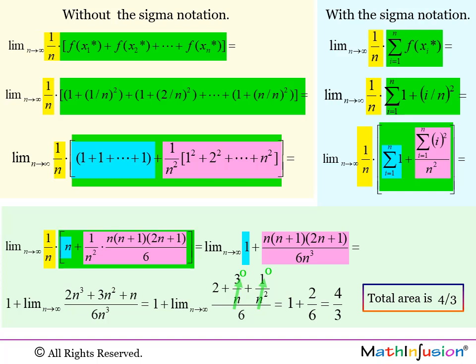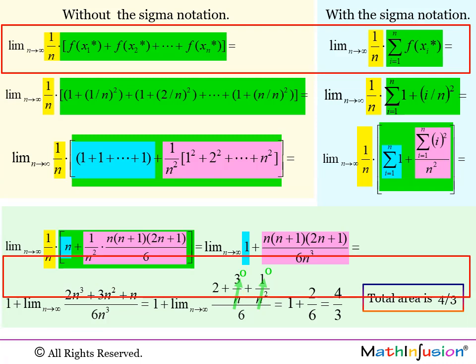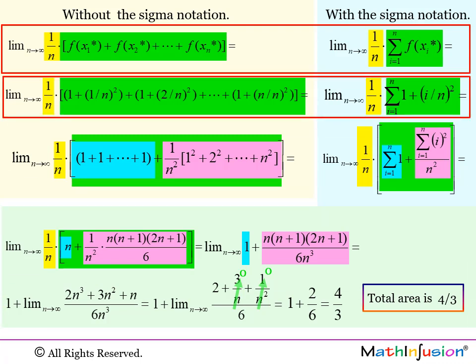Let's now see in parallel the same problem without the sigma notation and with the sigma notation. This is exactly the same, obviously. And this is exactly the same, expressed as just plus plus and expressed using the sigma notation.